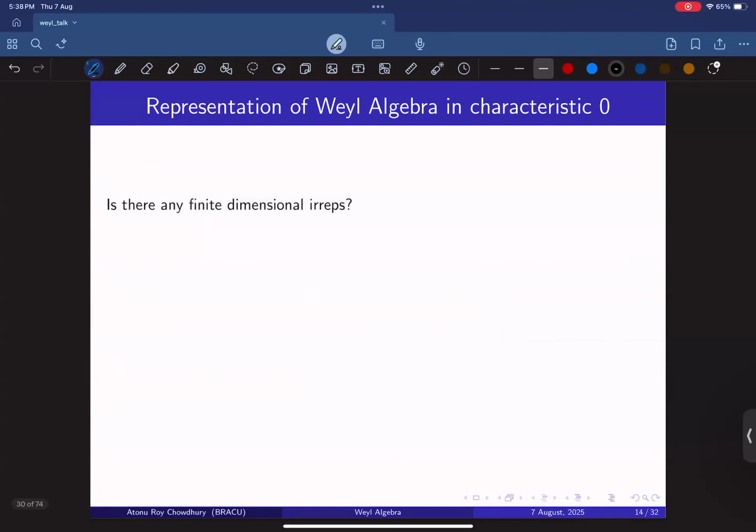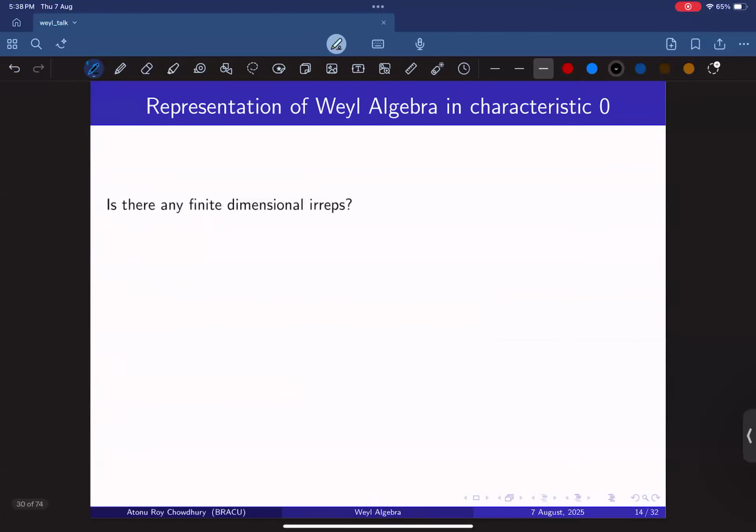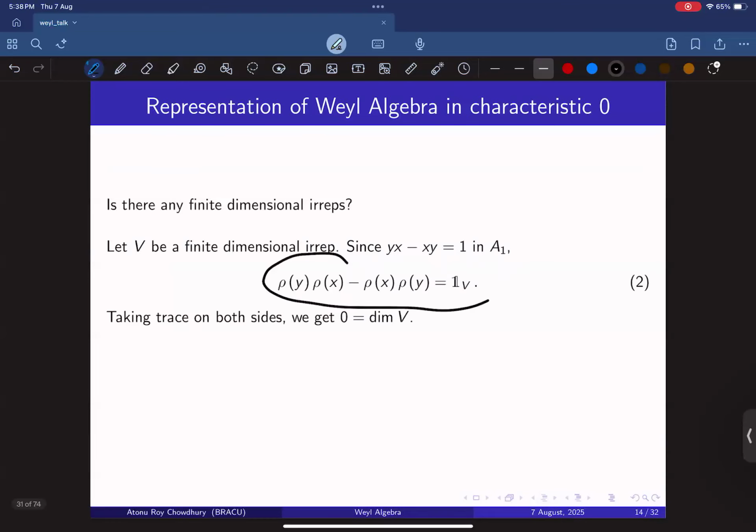Okay, so suppose V is a finite dimensional representation. That means V is a finite dimensional space on which the Weyl algebra acts. Then, as we know, in the Weyl algebra we have yx minus xy equals 1, right? Which was the definition of the Weyl algebra. If we take rho on both sides, we get this equation.